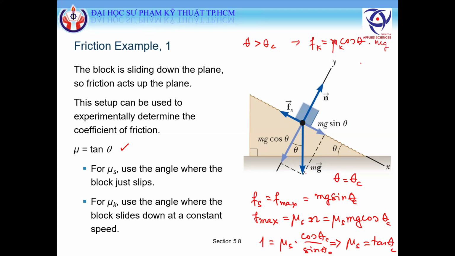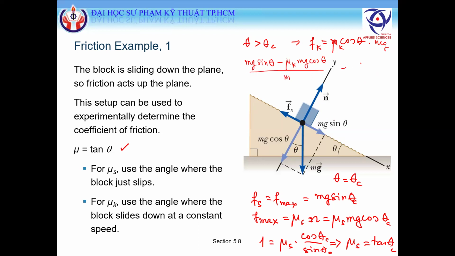Like this one. Right? And then the acceleration of the object will be mg sine theta minus the fk, so you have here mu k mg cosine theta, divided by m.